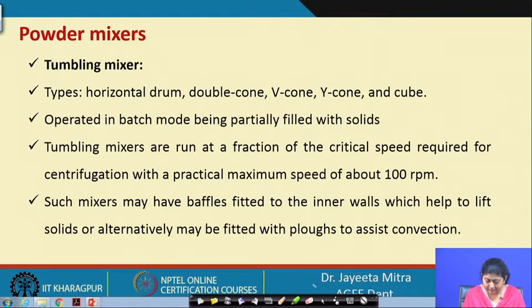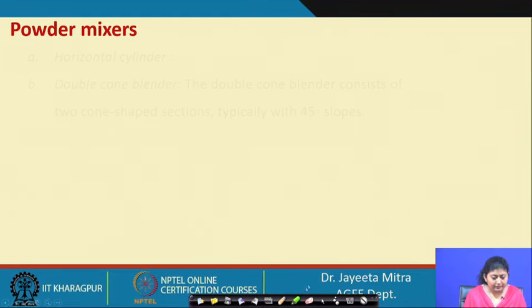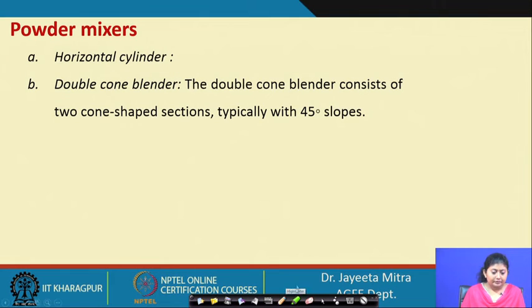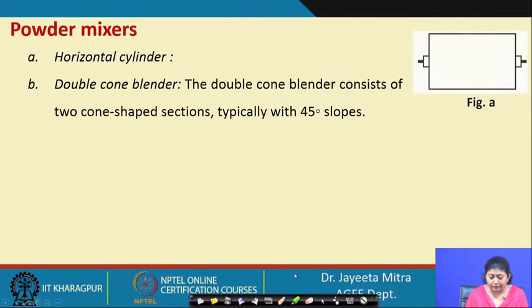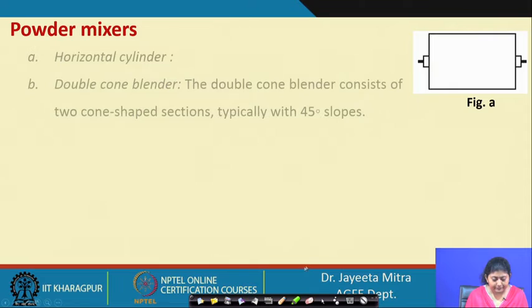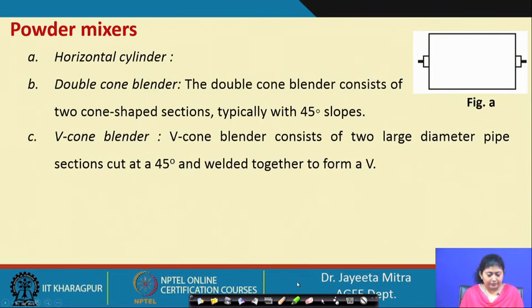Then we will see horizontal cylinder kind of mixers. Double cone blender: the double cone blender consists of two cone shaped sections, typically with 45-degree slopes. Here, the first one is the horizontal cylinder.